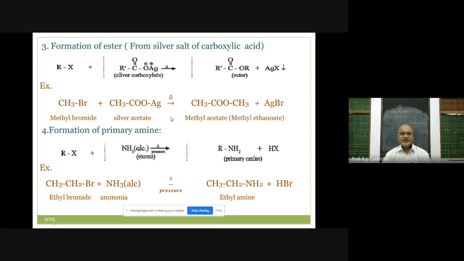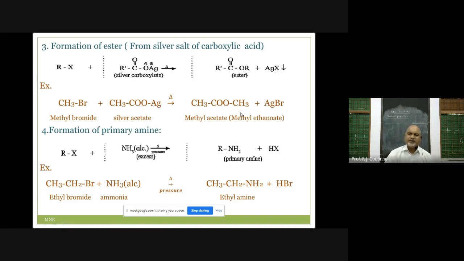It is heated, you get CH3COO, that is this part is here, and to this part CH3 has been attached, and AgBr is formed, that is silver bromide, and here you get methyl acetate.